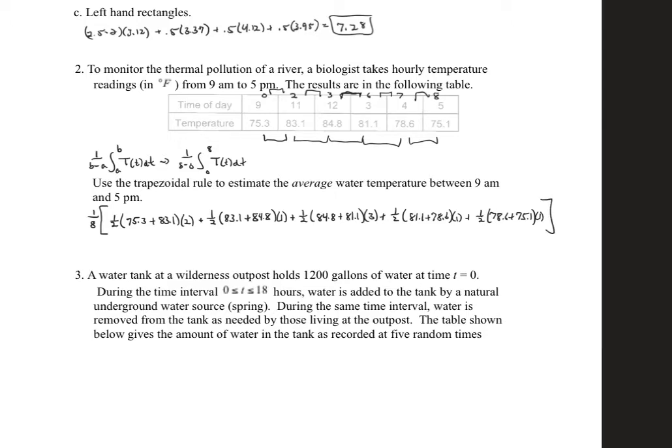So those are the numbers. We can put all of those into our calculator, and I believe that's going to be 80.9875. Okay, and you can round that to 3 decimal places.